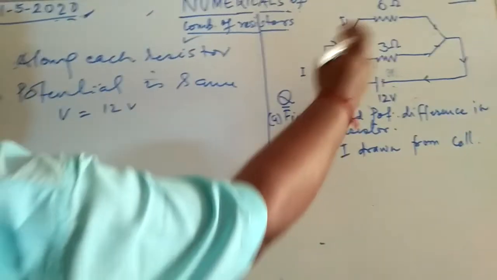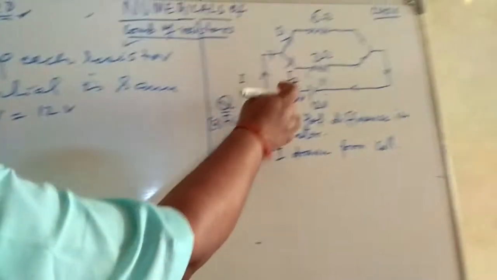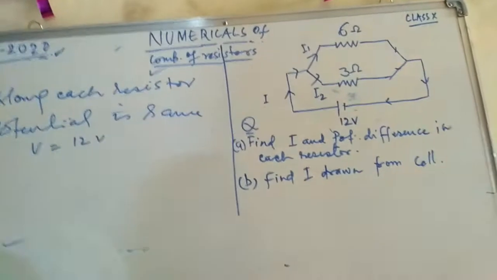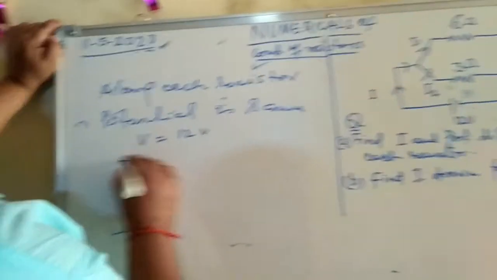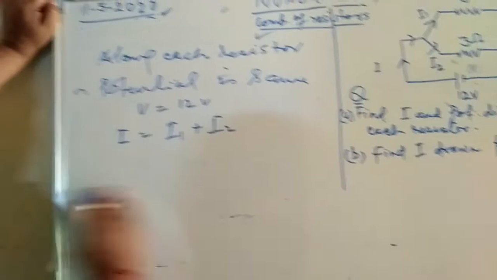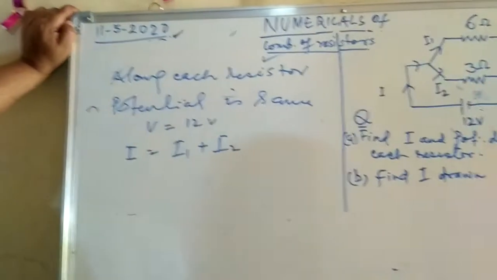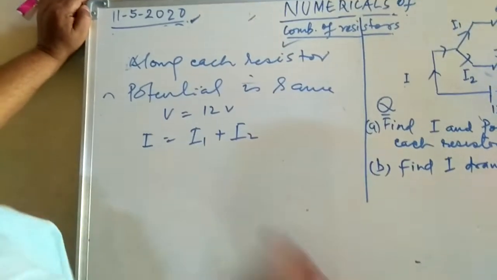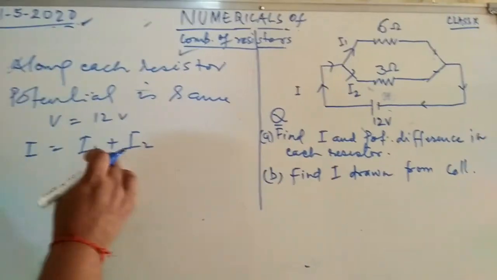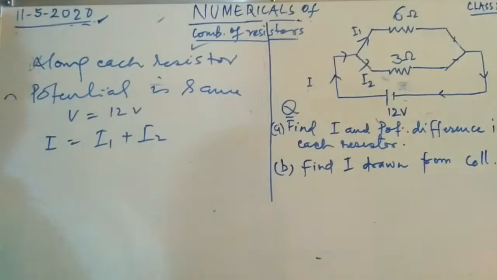The total current is distributed along I1 and I2, like I is equal to I1 plus I2. Now we find the values of I1 and I2. I1 is the current through the 6 ohm resistor and I2 is the current through the 3 ohm resistor.